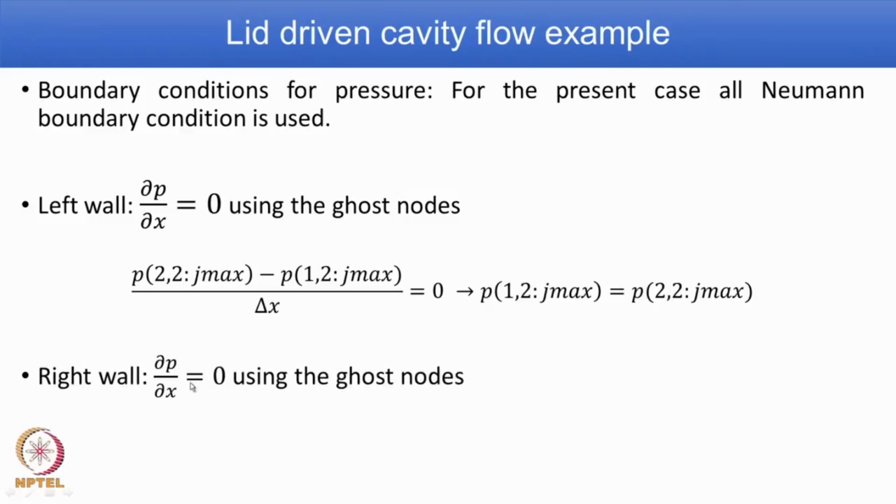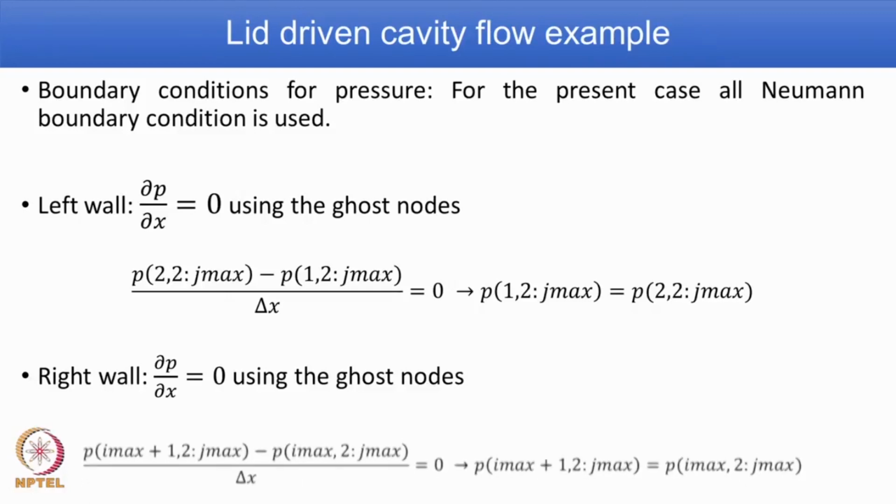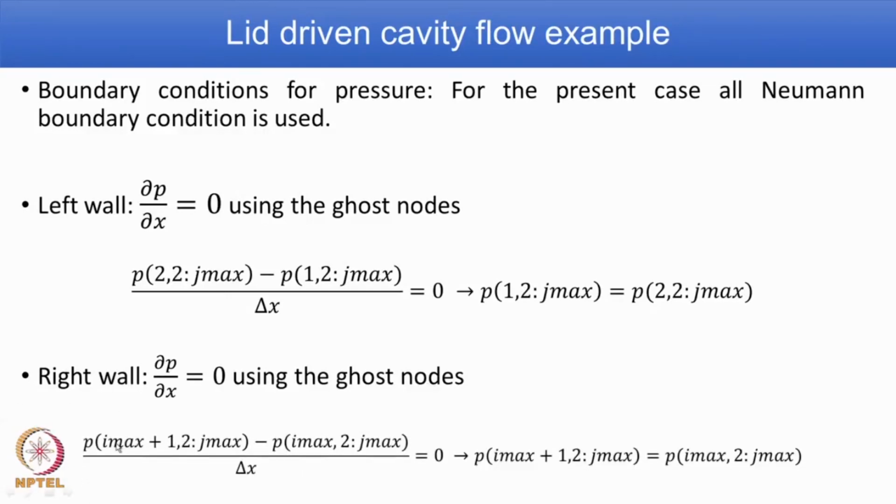Similarly, for the right side wall, again Neumann type boundary condition for pressure, dou p by dou x equal to 0. We have i as i max plus 1, 2 to j max for j inside of that wall. So, (p i max plus 1, j minus p i max, j) by delta x equal to 0.